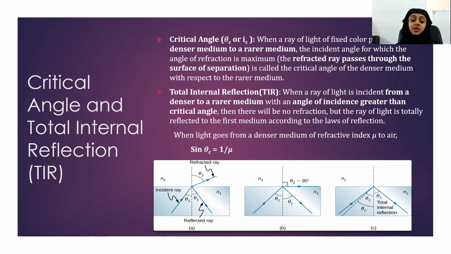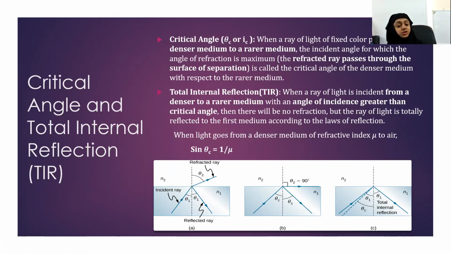Sine theta c is equal to 1 by mu, where light is entering from a medium with refractive index mu at the critical angle to air. Only then this equation will be valid. So the rarer medium should be air and the denser medium can be anything with a refractive index mu.